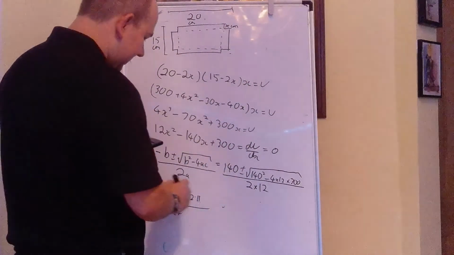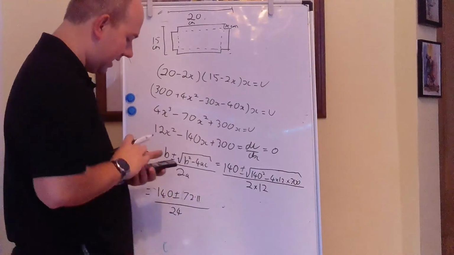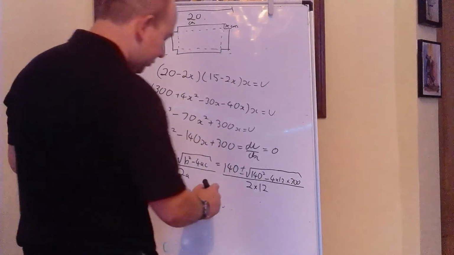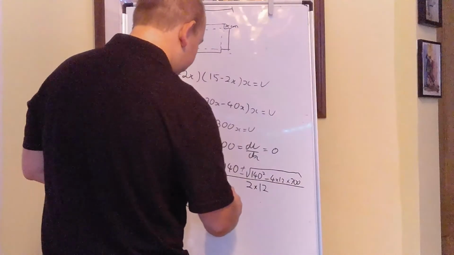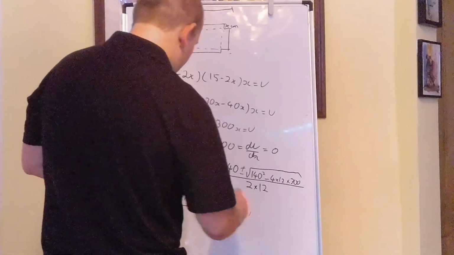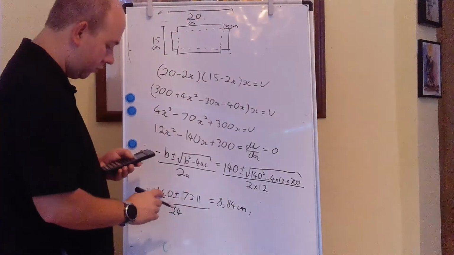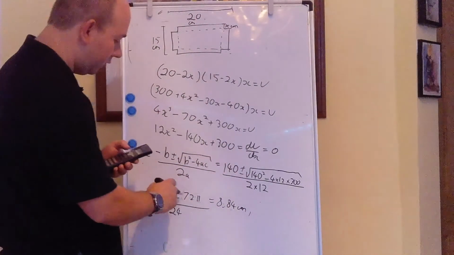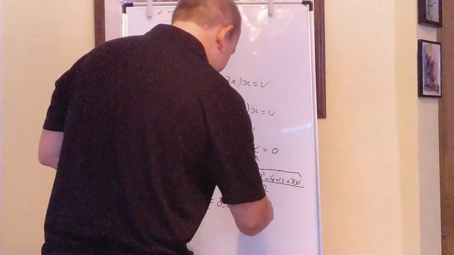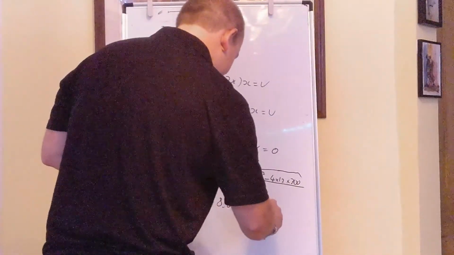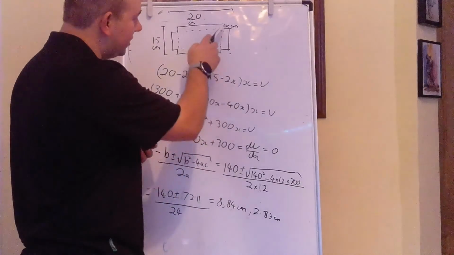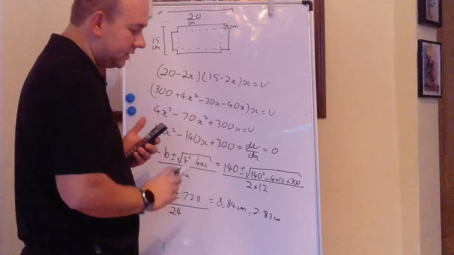So when I plug this into a calculator, we're going to have 140 plus 72.1 all divided by 24, which will give 8.84 centimetres. Or when I do the minus, what I'm going to end up with is 140 minus 72.11 all over 24, which is 2.83 centimetres.